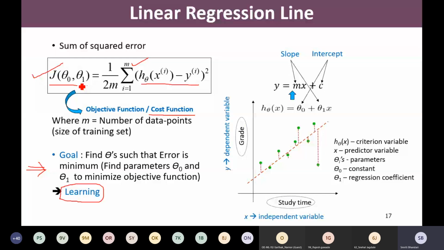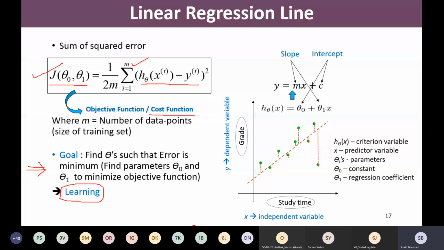We are going to optimize this function J of theta 0, theta 1 so that J becomes minimum. And for whichever values of theta 0, theta 1 we get the minimum value of J, these values are our final parameters of the hypothesis.